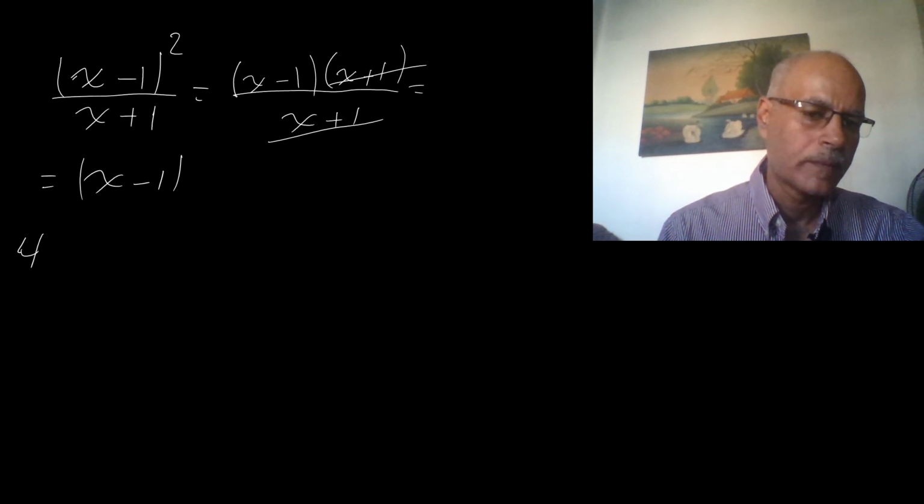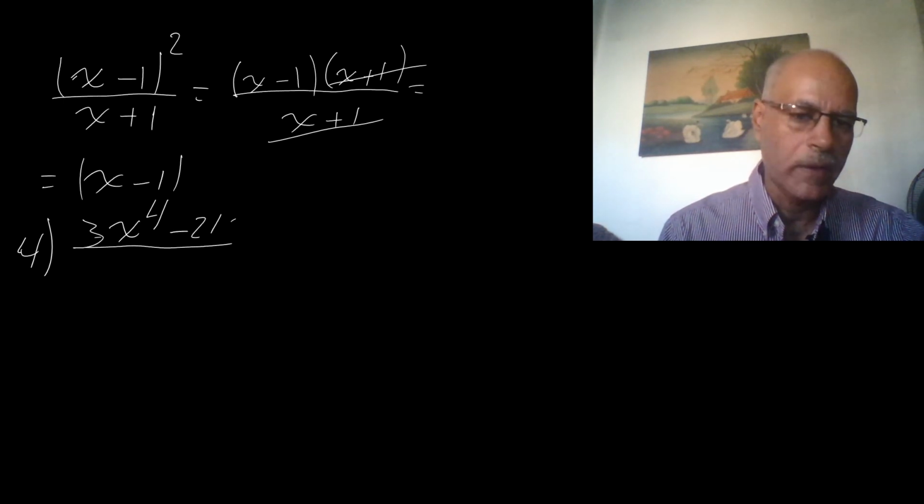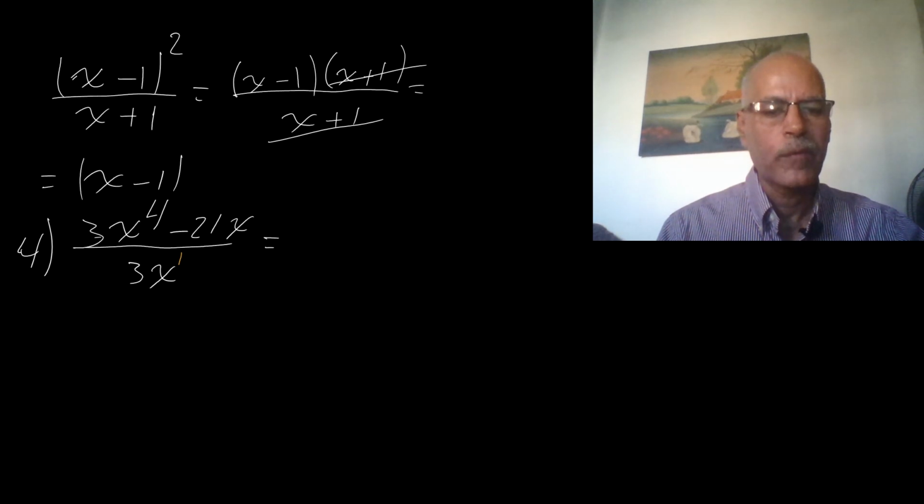Number 4. Simplify. 3x power 4 minus 21x over 3x. It's 3x power 4 minus 21x. Let's take 3 common. 3x divided by 21 and x divided by 3. And x. It's 3 over 3, it's 1.